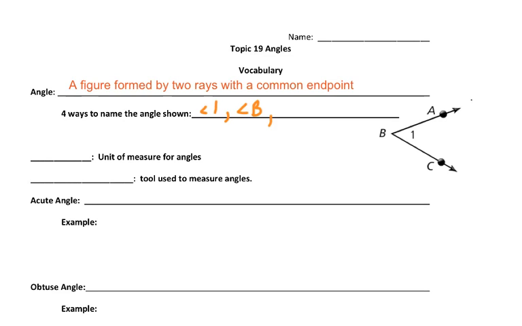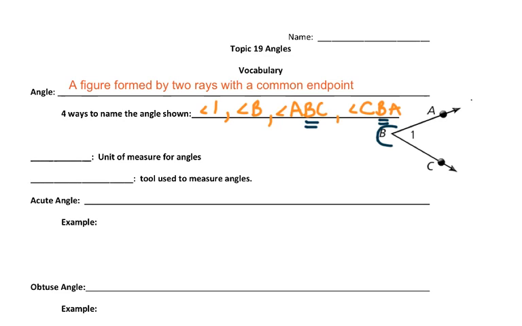But if there's more than one angle off of vertex B, then we need to use 3 letters to name it. So it would be angle ABC and angle CBA. Those are all the different ways we can name this angle. Notice that when we do use 3 letters, the middle letter has to be the vertex.